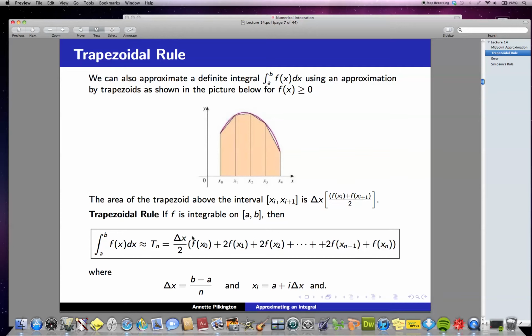And our trapezoidal rule says that the trapezoidal approximation to the definite integral is delta x over 2 times f(x0) plus 2 times f(x1) plus 2 times f(x2), etc., plus 2 times f(x_{n-1}) plus f(xn).